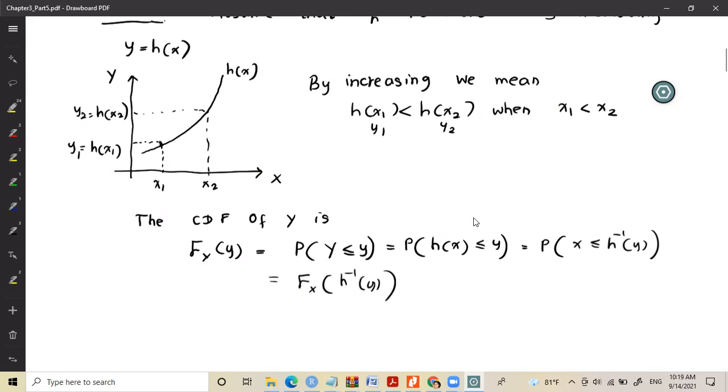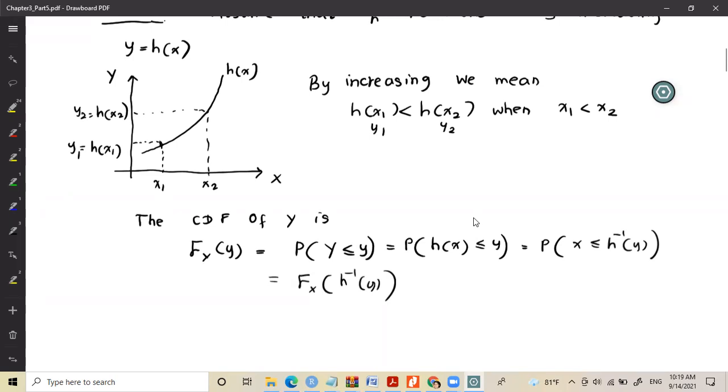So you have X less than or equal to h inverse of y. And that is the definition: the probability X less than or equal to some number means it is the CDF of the variable X. So you have F of X at h inverse of y.